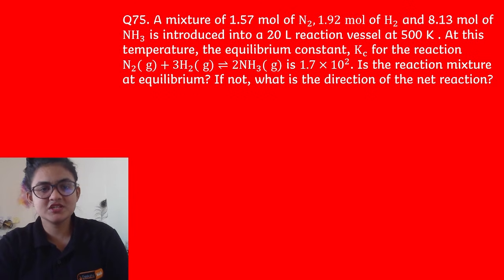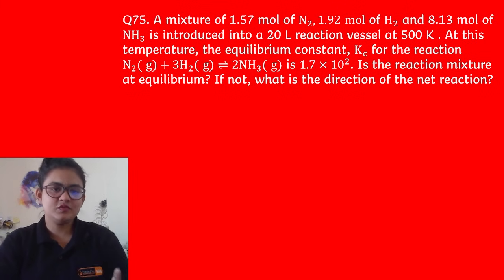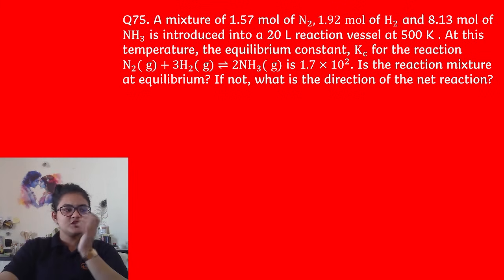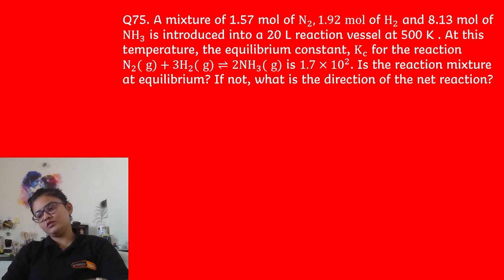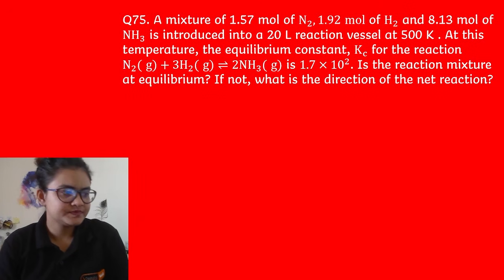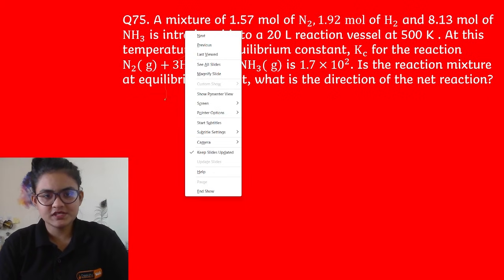Is the reaction mixture at equilibrium? If not, what is the direction of the reaction? First we have to find the Qc and check if Qc equals Kc. If it is not equal to Kc, then it is not in equilibrium. Then we check whether it is lesser or greater, and accordingly we can tell the direction. So let's find the Qc.